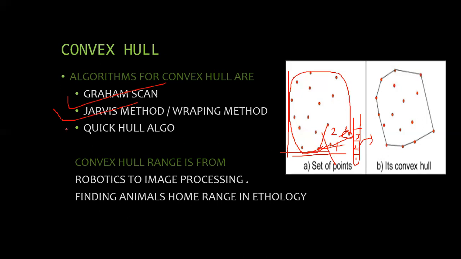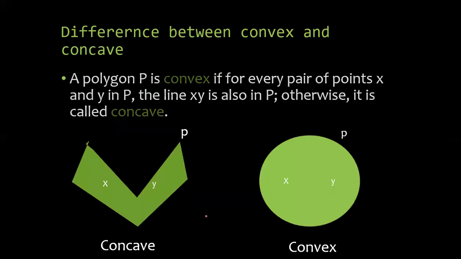Now we also have a solution to the convex hull problem with the quick hull algorithm. The range of convex hull applications goes from robotics to image processing and finding an animal's home range in ethology.